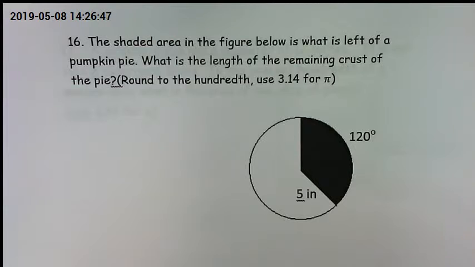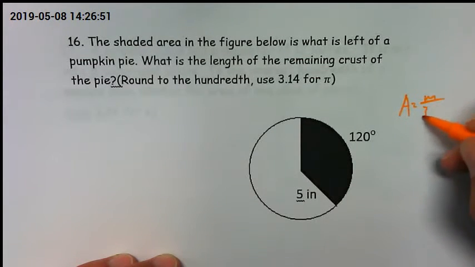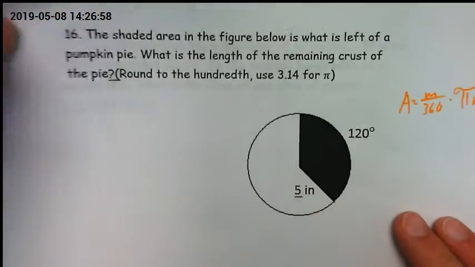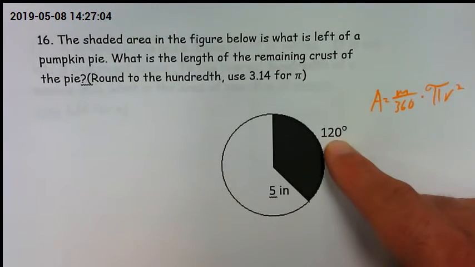M over 360 times the formula for area of a circle, pi r squared. Now, when you do that, remember, it's the fraction of the circle you're using. So here, it tells you 120.